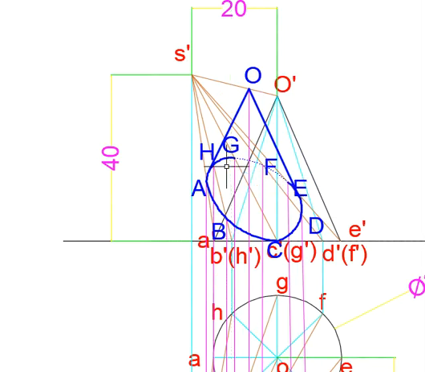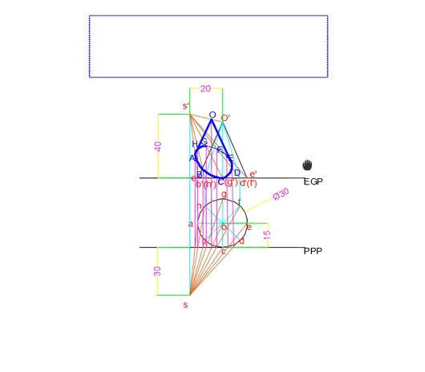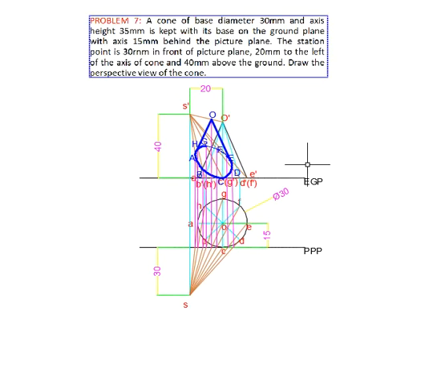And you have to draw dotted lines connecting this point to this much. So this is the perspective of a cone. I hope you understand this. Thank you.